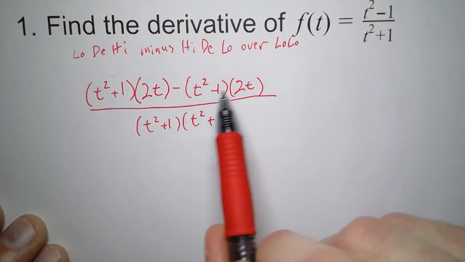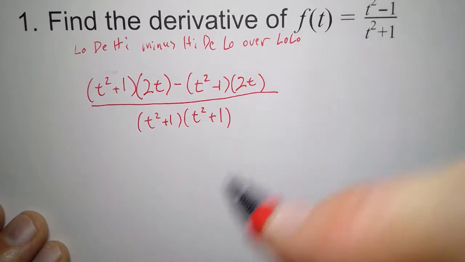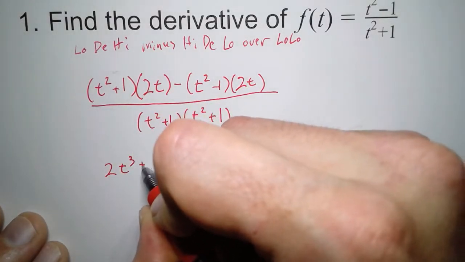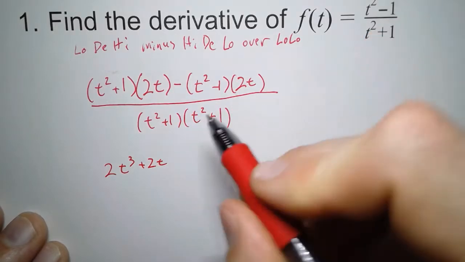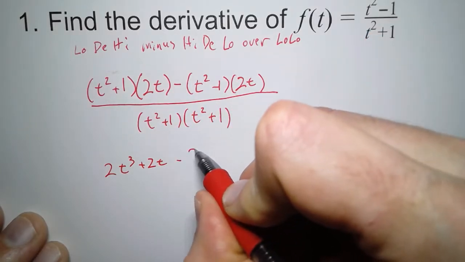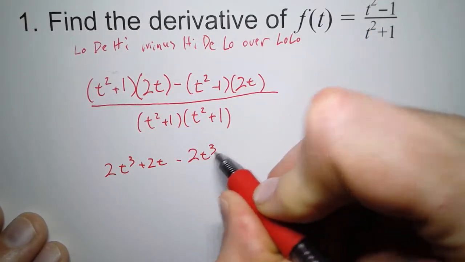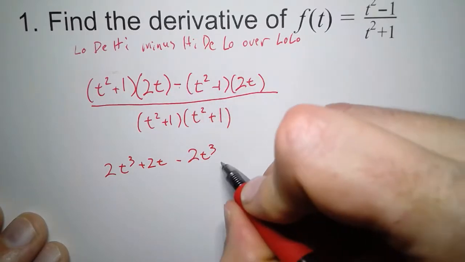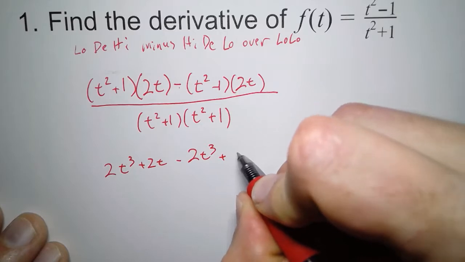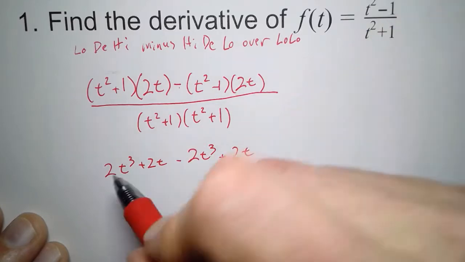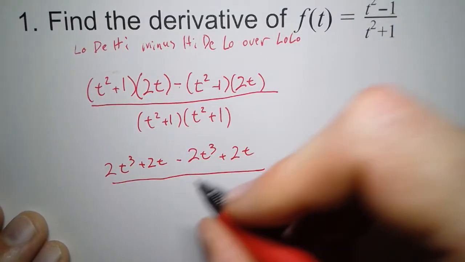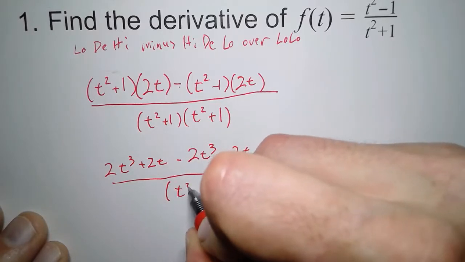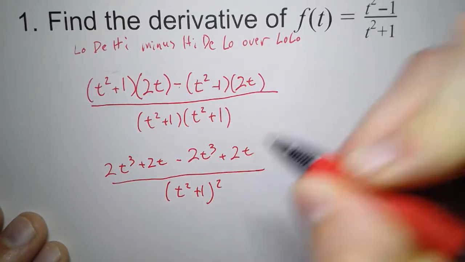We can expand these products in the numerator, so we have 2t cubed plus 2t minus 2t cubed. Now keep in mind we have a negative here and a negative here, so that's going to resolve itself as a positive 2t all over, and we can simplify this as t squared plus 1 squared.